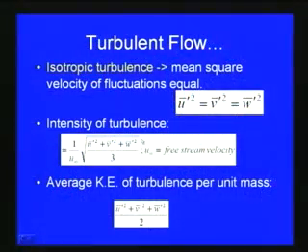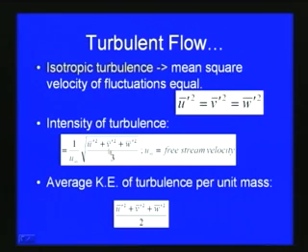The intensity of turbulence is generally expressed as follows. In this slide, the intensity of turbulence is equal to 1 by u infinity, where u infinity is the free stream velocity, into the square root of u dash bar square plus v dash bar square plus w dash bar square, divided by 3.